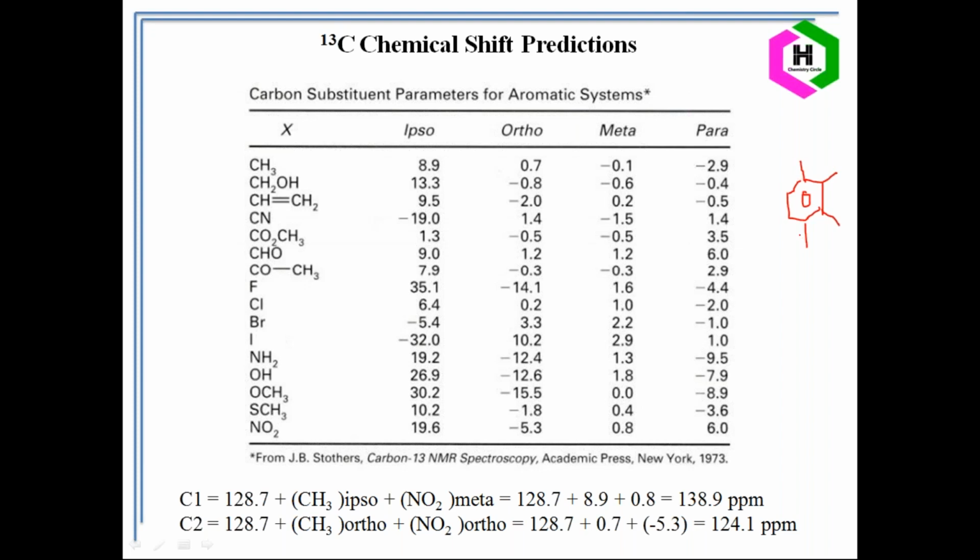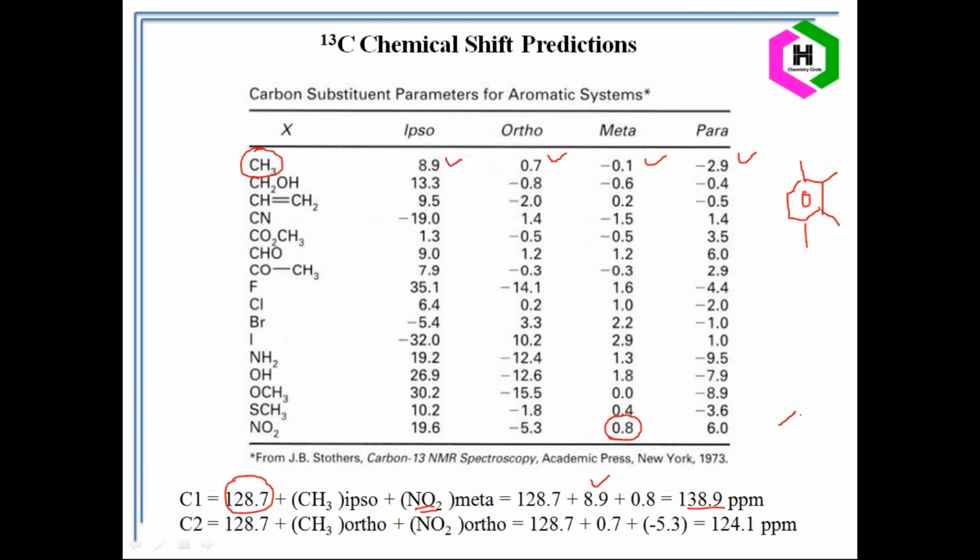If you have a CH3 in the ipso position, you add 8.9, ortho 0.7, meta minus 0.1, para minus 2.9. The initial ring value is 128.7, and if you have one CH3 group at ipso, you add 8.9. If you have an NO2 group at the meta position, this adds 0.8, so totally 139.